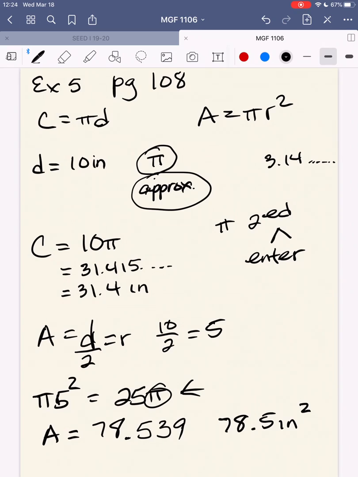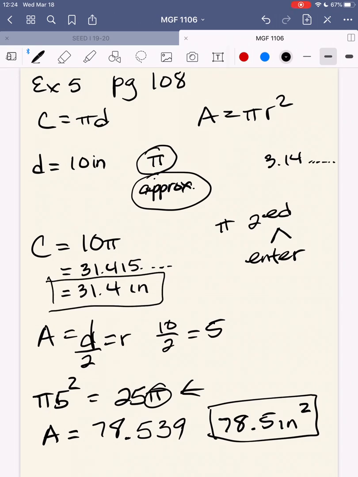Okay, so this one we had to find the circumference and the area. And that's the end of the problem. So my area is here, my circumference is here, and if we leave it in terms of pi, we technically should have units on that. Okay, and that's example 5.